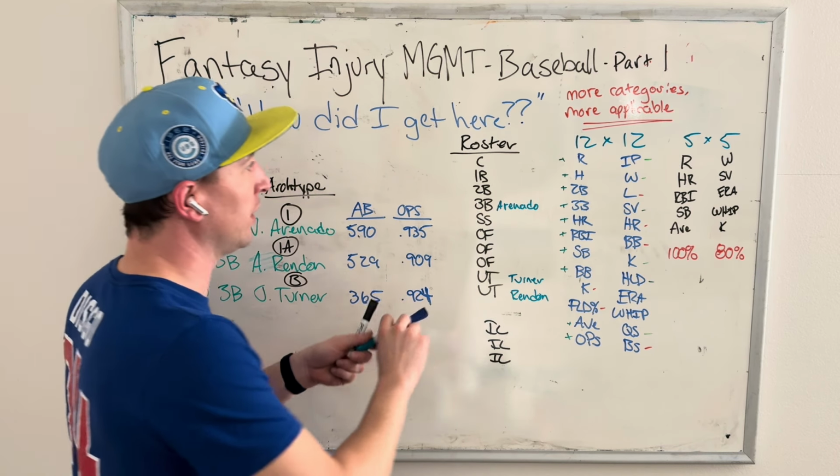Here's how it basically shook out. Pitchers get hurt half the time, 50%. Batters, hitters, whatever, is like 35 to 40%.